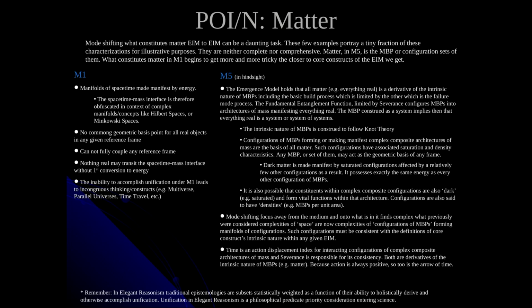We therefore can say that the fundamental entanglement function, limited by severance, configures MBPs into architectures of mass manifesting everything real. The MBP construed as a system implies then that everything real is a system or system of systems. That leads to the intrinsic nature. What is that intrinsic nature of MBPs?